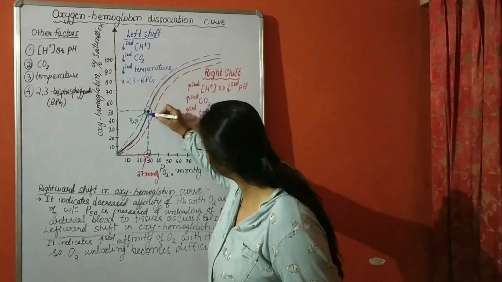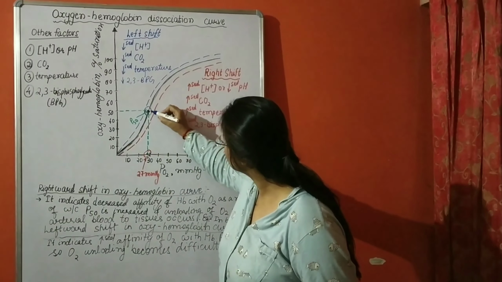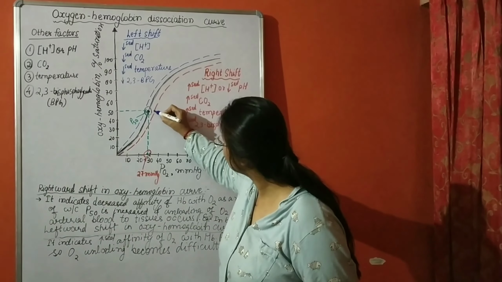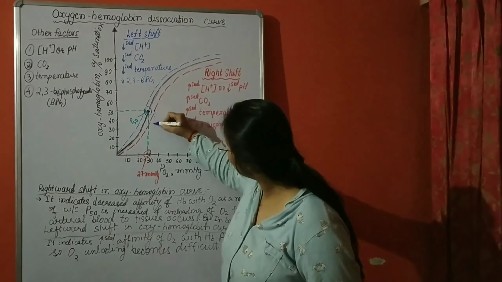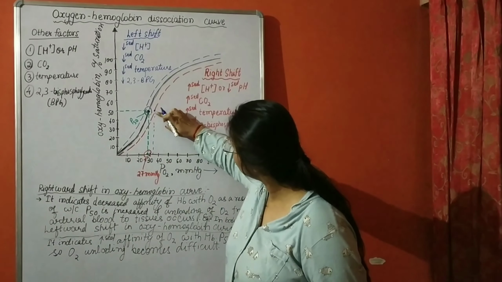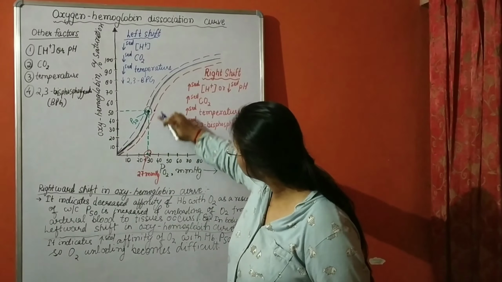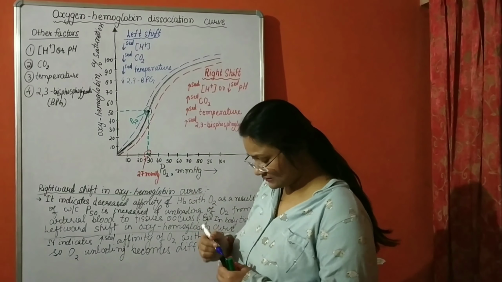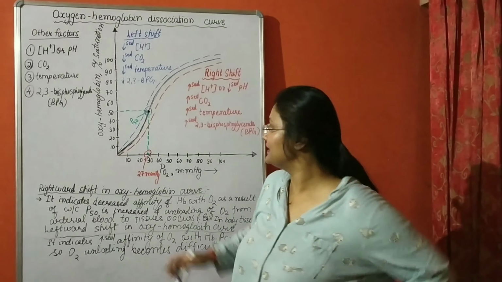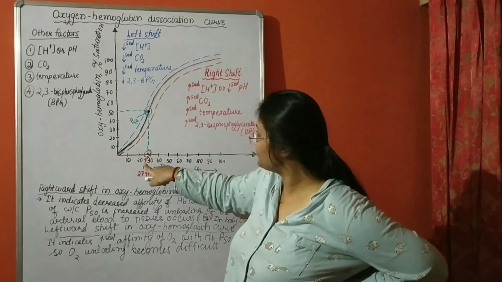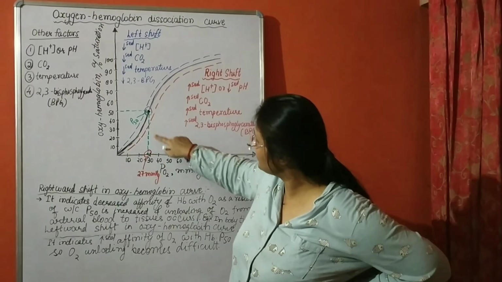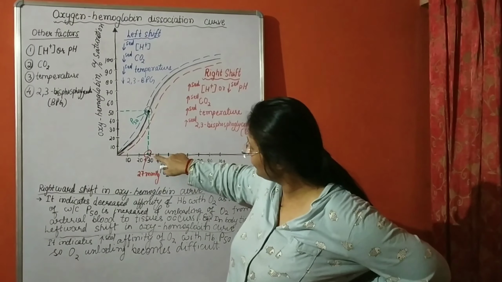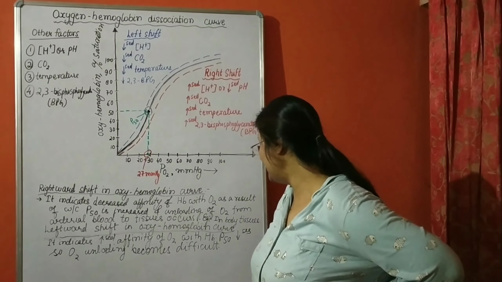Like earlier, P50 was at 27 mmHg. Now it will be somewhere here, like around more than 30 mmHg. So the P50 value has increased over here. Earlier it was at 27 mmHg, but now it will go beyond 30 mmHg even, right?